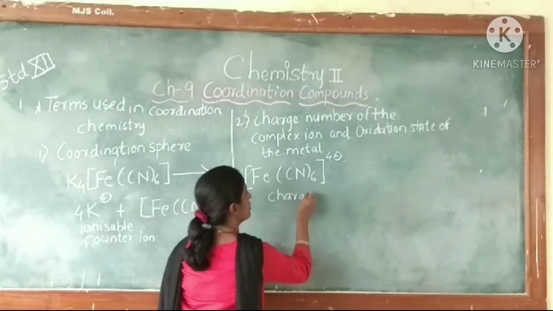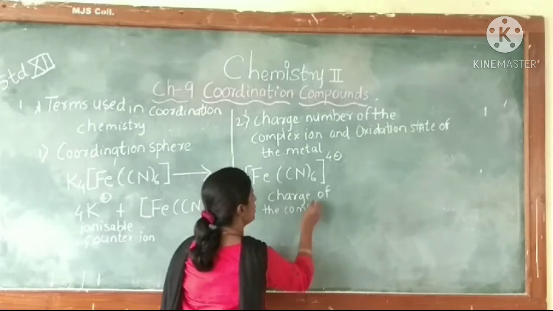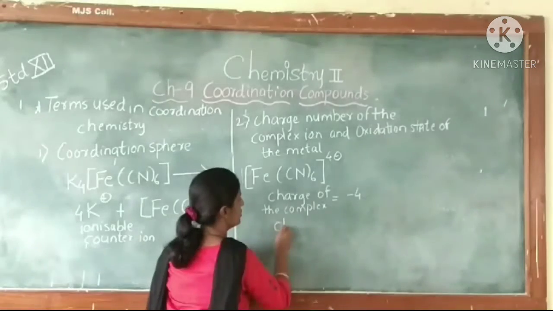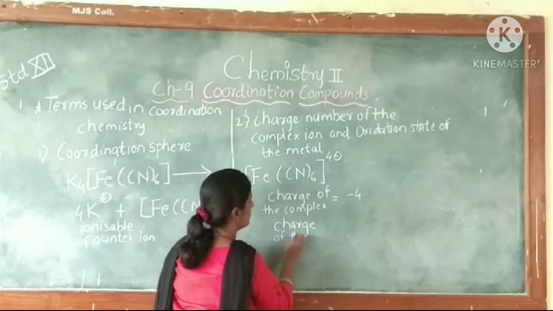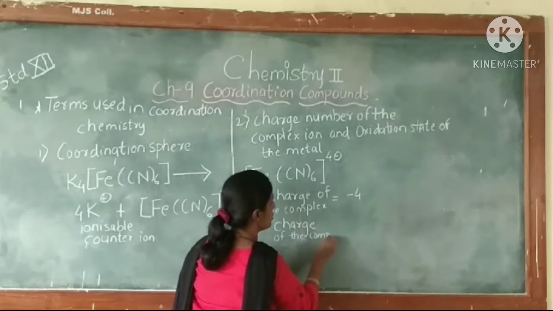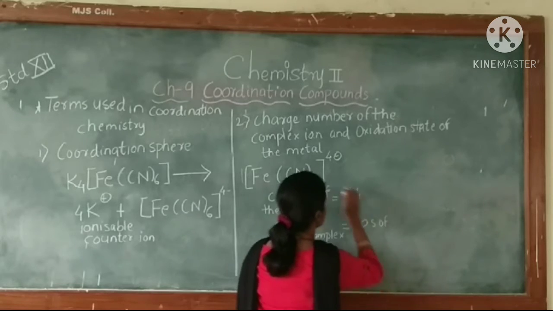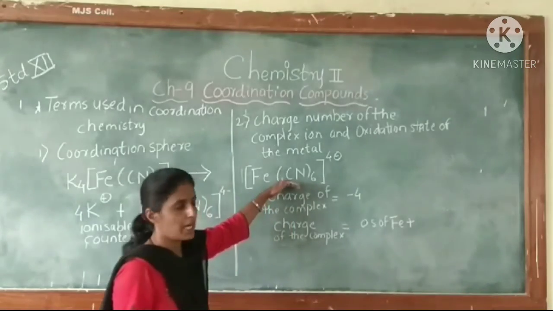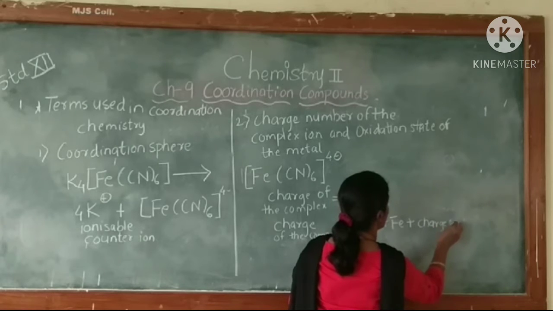Charge of the complex ion is minus 4. So we have said that the charge of the complex is nothing but the oxidation state of the metal, that is Fe over here, plus the charges of the ligands, that is your cyanide.